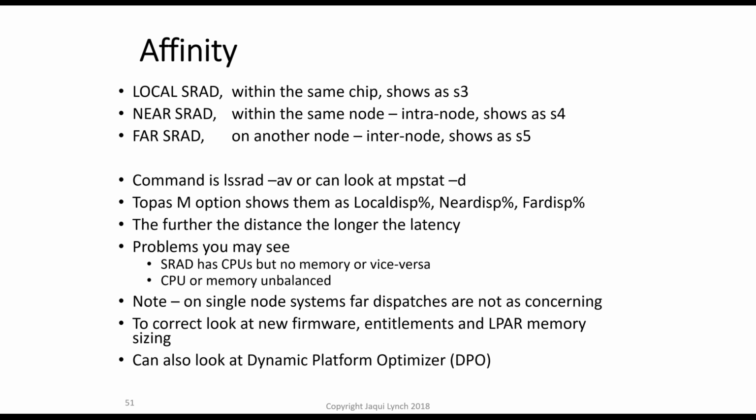Obviously, if we're running on a core on node 0, it would be really nice to have our memory assigned over there. And this comes back to the whole order that you bring things up, making sure you're on current firmware and so on, so the system has the best option at bring up time to assign your LPARs in the most efficient way, so you're not on one node going across to the other node to get your memory.